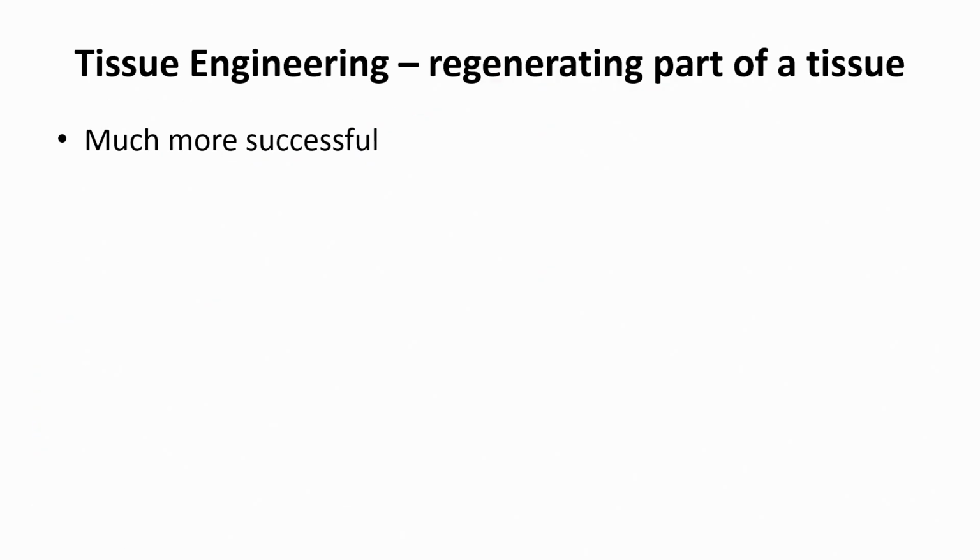Okay, let us move on to the next part of tissue engineering, which is regenerating part of a tissue. Organ donation is fairly successful, as we discussed, but where only a part of the tissue is required, bioengineering strategies are much more successful.